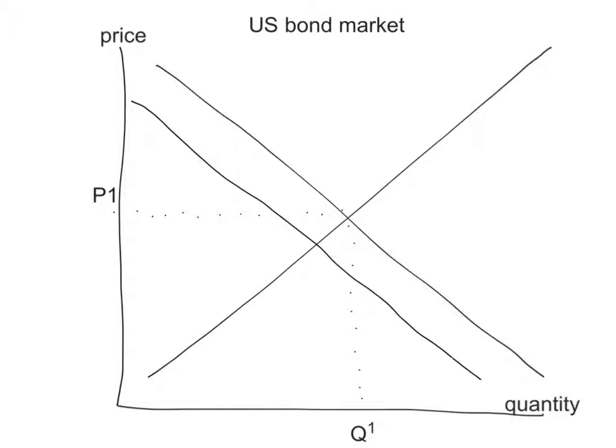So we've got this new demand curve here. And at that new demand curve intersection with supply, we have a new equilibrium, and the new equilibrium has a lower equilibrium price for US bonds. A lower equilibrium price for bonds means yields go up. So we have a new equilibrium point, P2 Q2. A lower price means higher yield, and that's what the story is about.